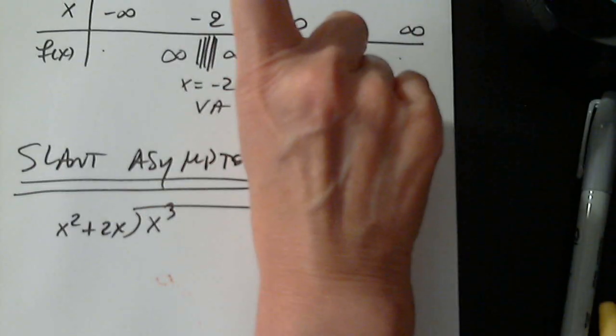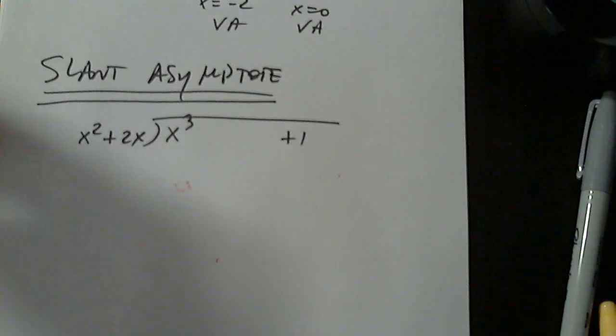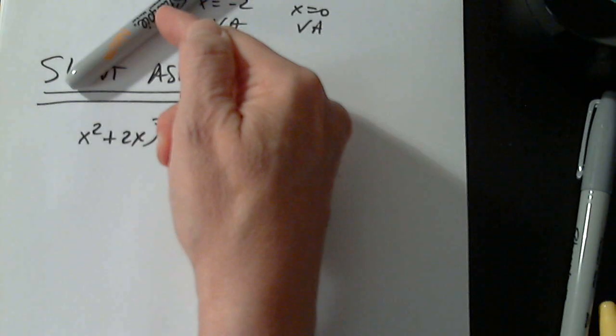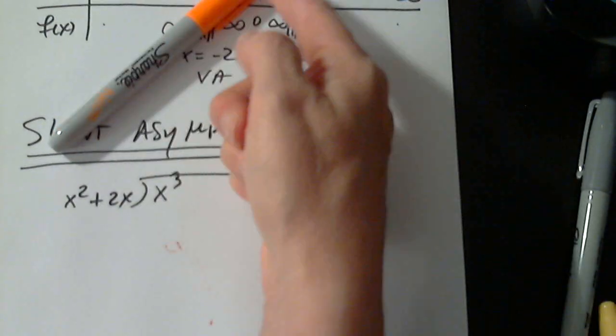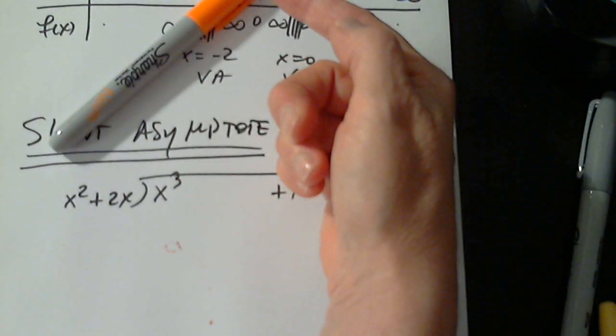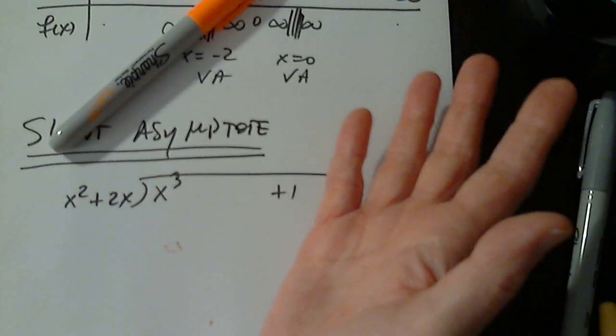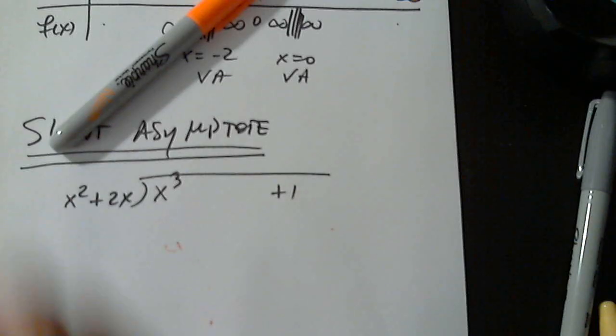Why? Because I have to get that line. How do I get that line? Dividing degree 3 by degree 2, I get a line. Dividing degree 10 by degree 9, I get a line. Otherwise, I will not get a line. If the degree here is 4 and this is 2, this is not type 3.